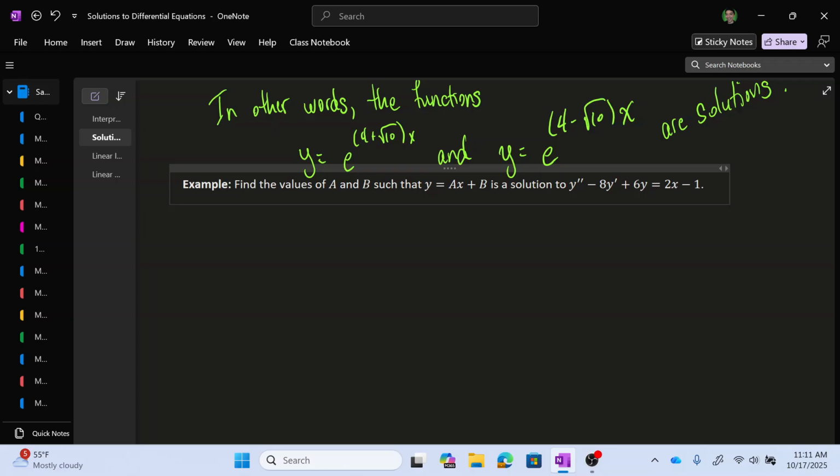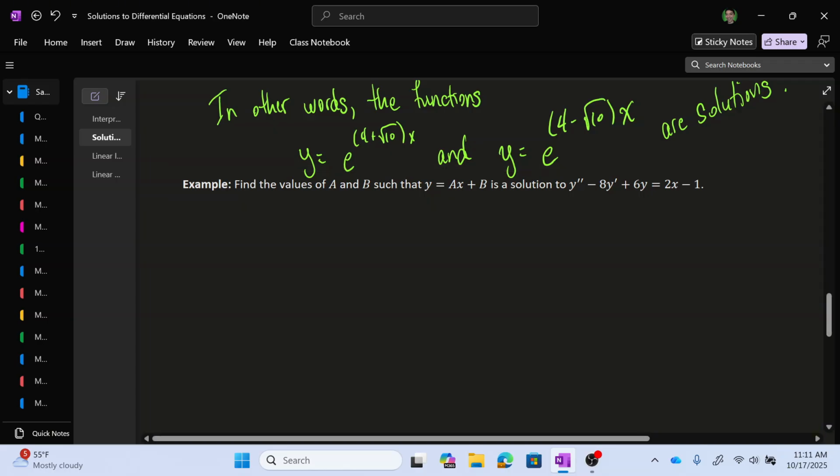And they say, okay, I am aware that a template, a format for a solution to this equation is ax plus b. A linear function will serve as the solution to this equation. So we just need to fill in what is the coefficient of x in the template and what is the constant in the template solution here.